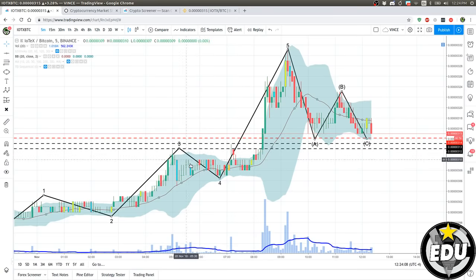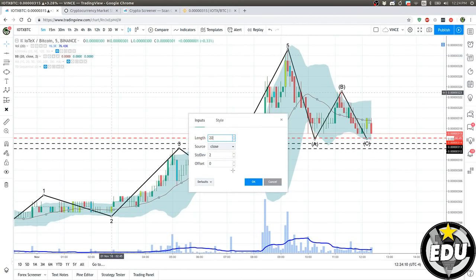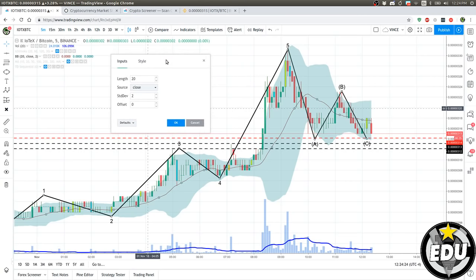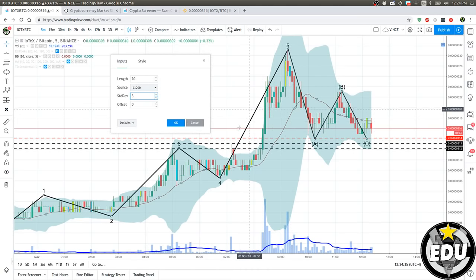So Bollinger Bands have settings, of course, and the standard deviation is a tweak that you can do. Can you say tweak? You can tweak it. Is the right word tweak? Tweak. So if you increase the standard deviation to 3, the Bollinger Bands get wider, as you guys can see, and might give you fewer false breakouts.